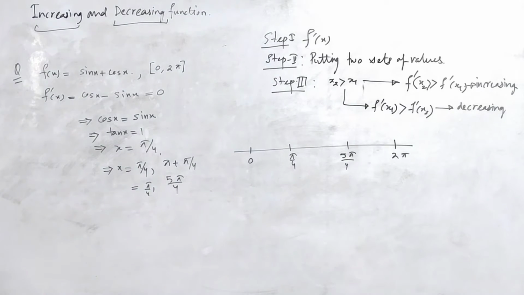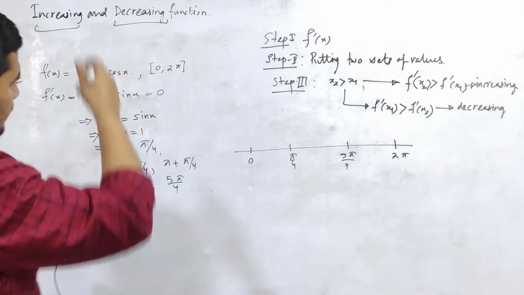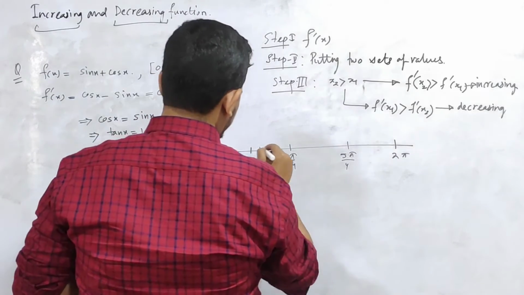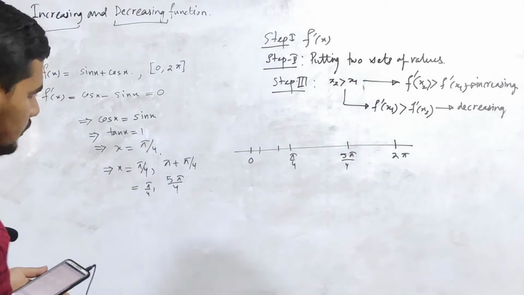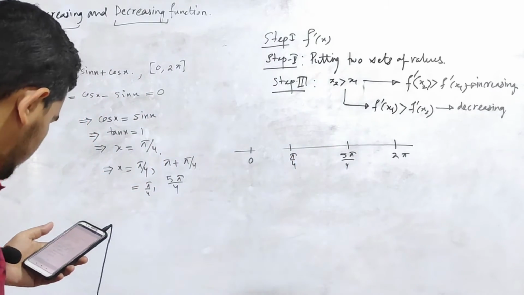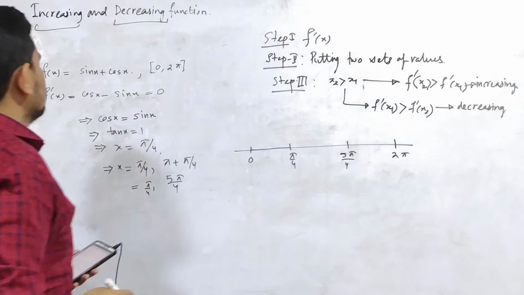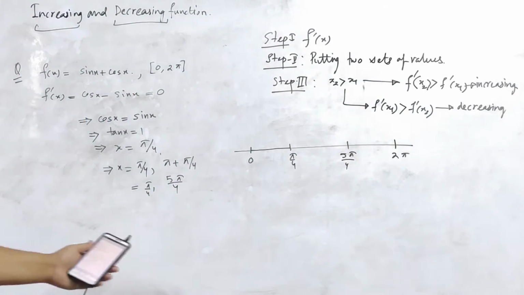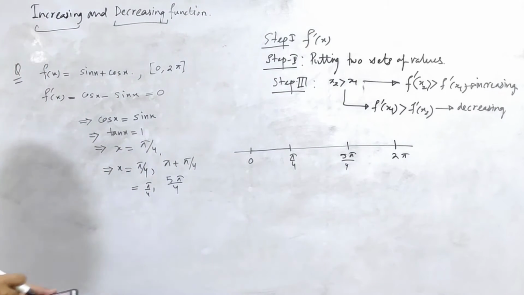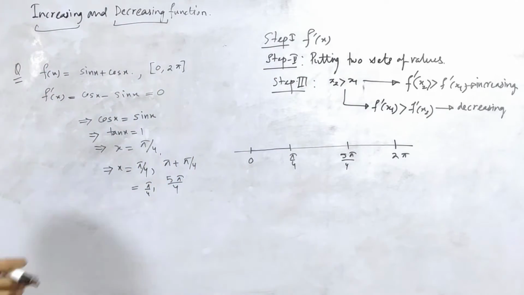Now, whether this function is increasing in which region, if you want to check, then you need to check two sets of values. You can take any value. Again there is a simple funda here: when we are given some basic functions, we can always put some values and check whether the function is increasing or decreasing.